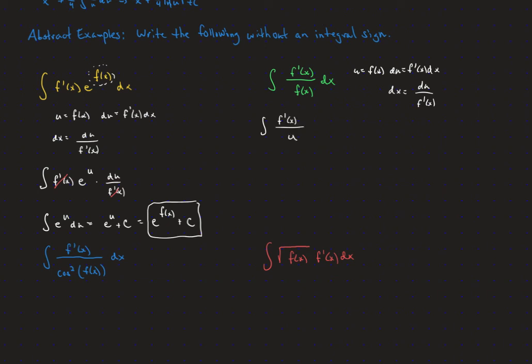We can call the denominator u, and we replace the dx by du over f prime of x. That takes care of that extra f prime of x, and the integral becomes 1 over u du, which we know is going to be the natural log of the absolute value of u, and we can substitute back the f of x for our u.